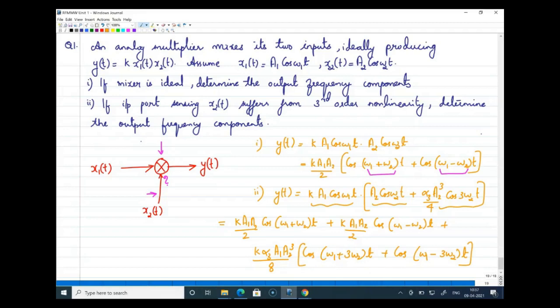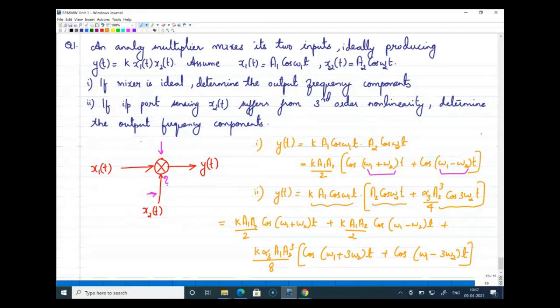All right, so the takeaway from this example is just that an ideal system or an ideal circuit will produce the products. Since it is a mixer circuit, we are expecting only sum and difference. But if it is non-ideal, or if any of the ports suffers from some level of non-linearity, you will get related output frequency components.